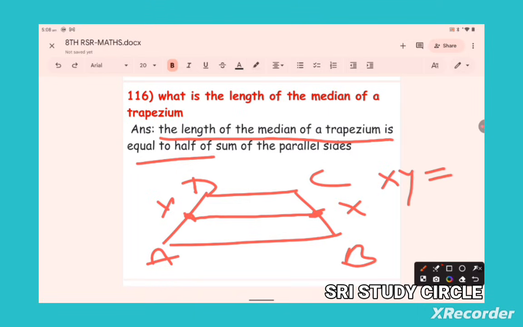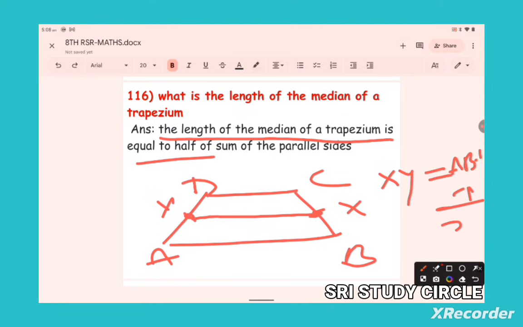Half of the sum of the parallel sides. AB plus CD by 2.